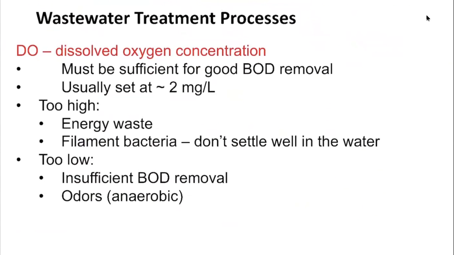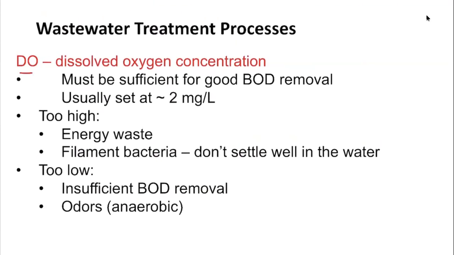So for this aeration tank process, the dissolved oxygen concentration is going to be very important, because we have to maintain the DO at an appropriate level so that the bacteria can propagate and consume these organics, right? So it has to be sufficient for good BOD removal. It's usually set at 2 milligram per liter.